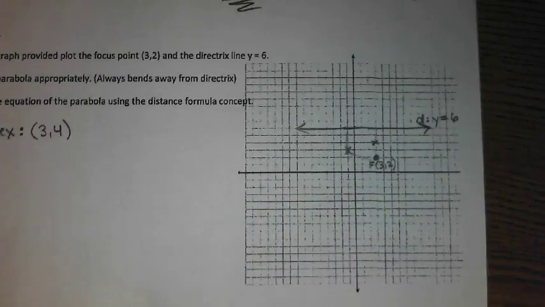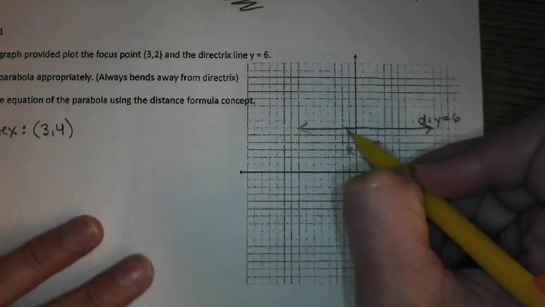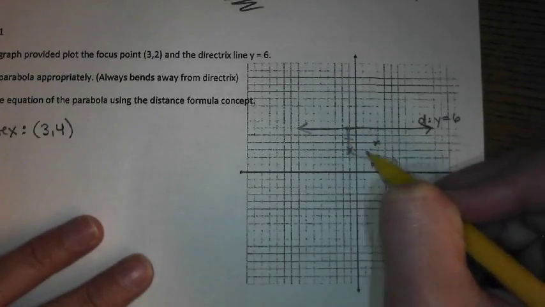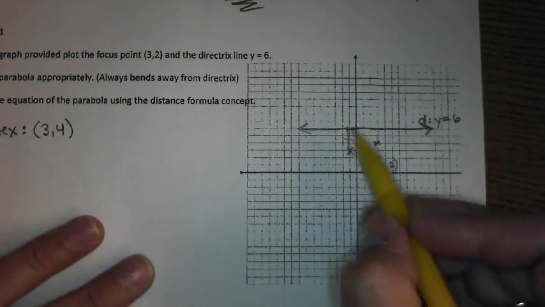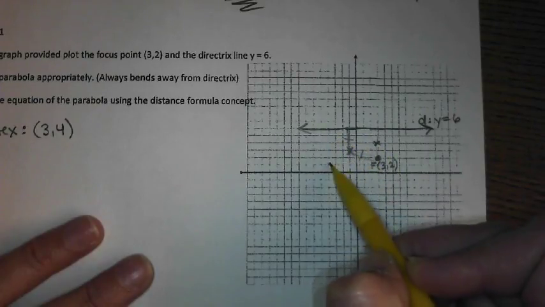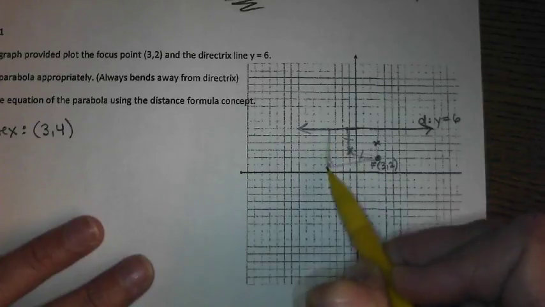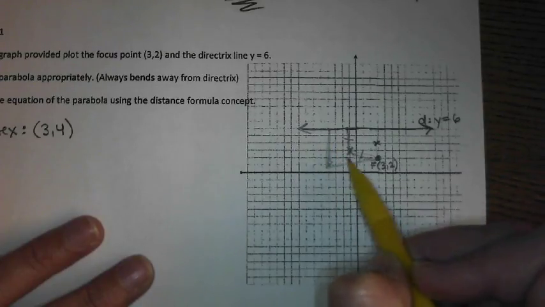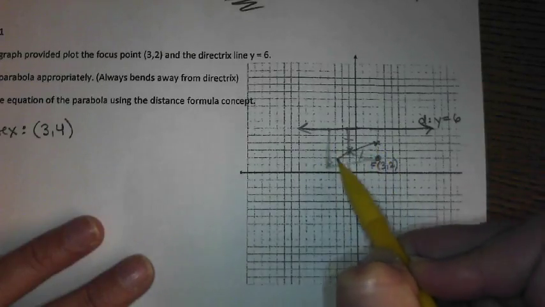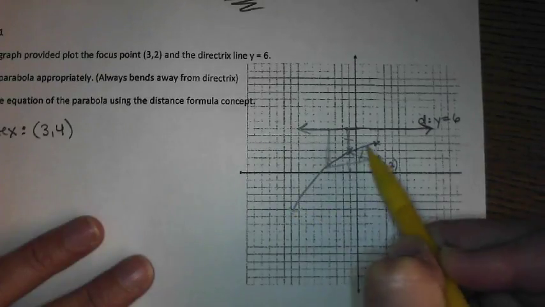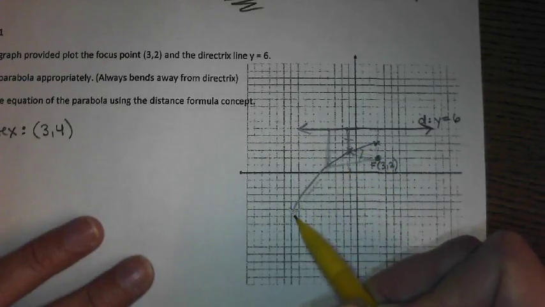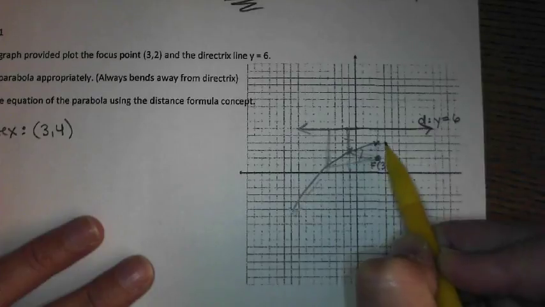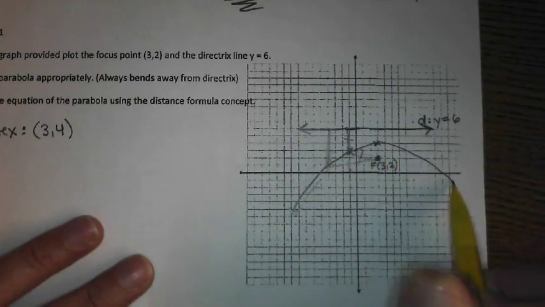So the other points aren't as obvious, but ideally what's happening, I'm just doing this lightly, is that that's 3 units and that's 3 units. When you get a little further away to 4 units away and 4 units away, that's 4 units away and that's 4 units away, approximately, right? And so what's going to happen is all of these points make the parabolic shape, and the same thing's going to happen on this side.